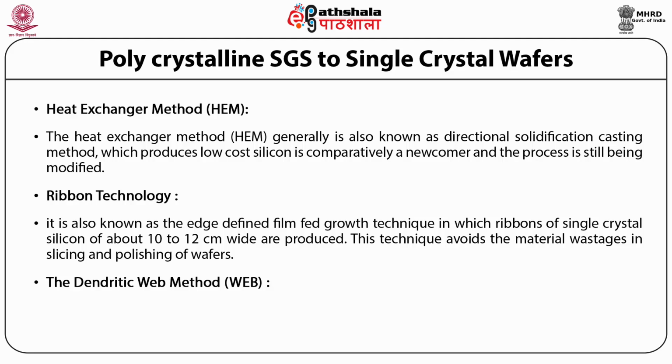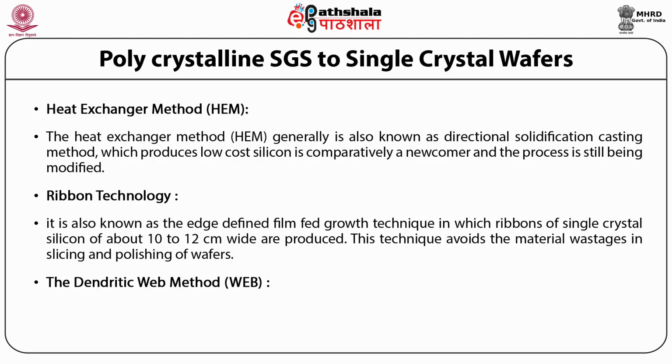In this process, a carbon capillary die partially dipped in the molten silicon is used, through which silicon goes up and is pulled out from the top of the die in a flat ribbon form. The shape of the silicon ribbon can be controlled by the shape of the top of the die, the temperature, pulling rate, and the surface tension.